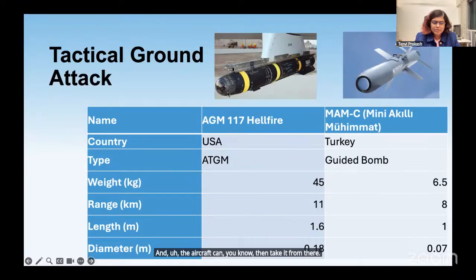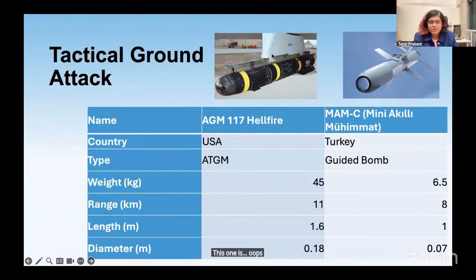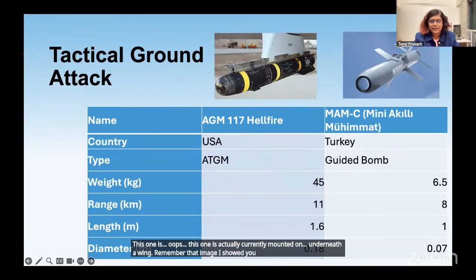The one that you're seeing here, the AGM Hellfire, is currently mounted underneath a wing. Remember that image I showed you of under-wing mounting? This is called a pylon, and this photograph is cropped, but you can see the bottom surface of the wing over here.